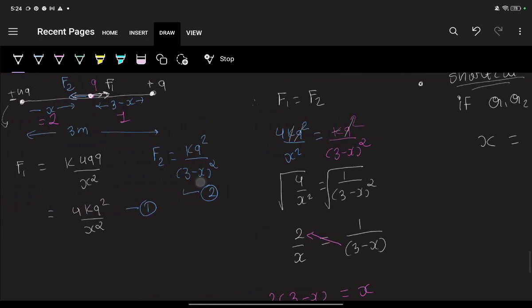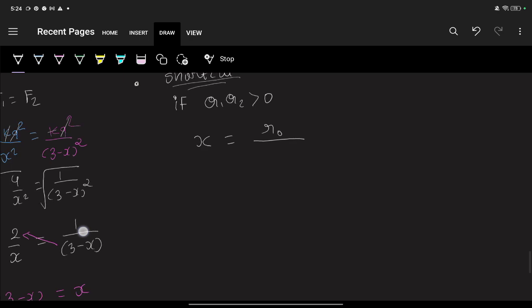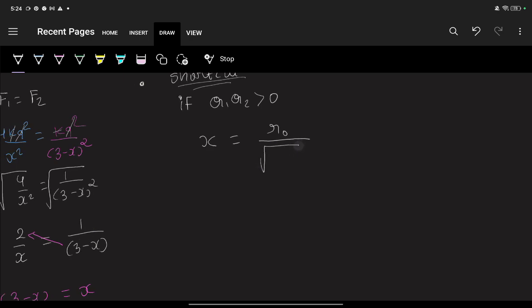In our case it is 3 meter, so it will be r0 upon square root of q2 by q1 plus 1. And if q1 q2 is less than 0, x will be r0 upon square root of q2 by q1 minus 1.